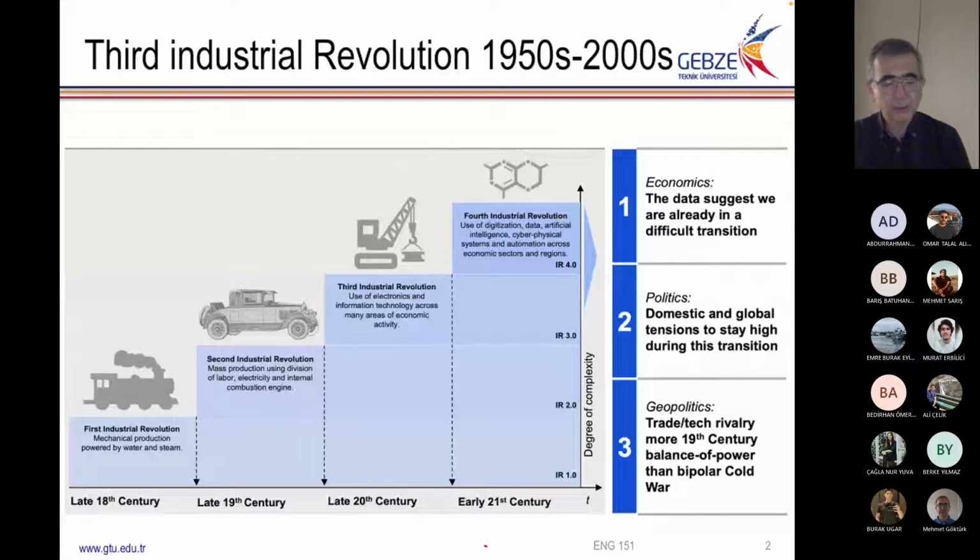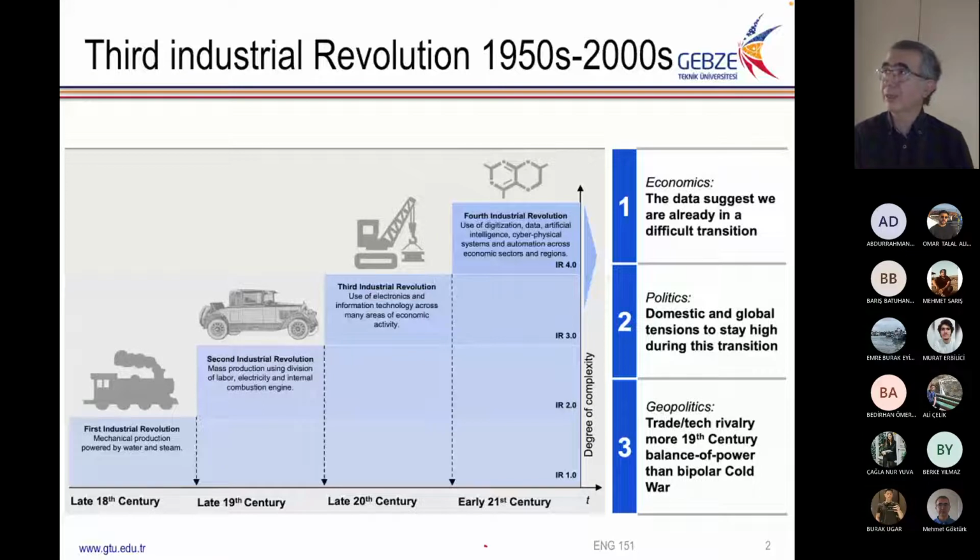When we go back to the First and Second Industrial Revolutions, in the First Industrial Revolution, mechanical production and the steam engine were the landmark. Then automobile and electricity determined the Second Industrial Revolution. The Third Industrial Revolution is related to electronics and automation.